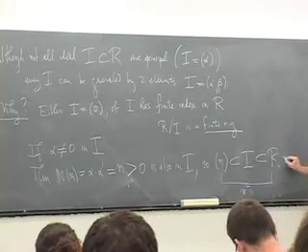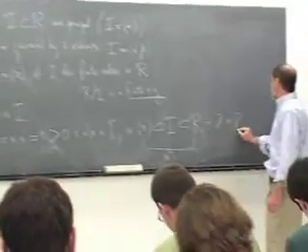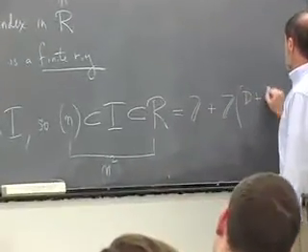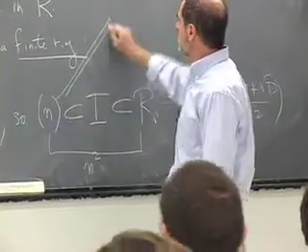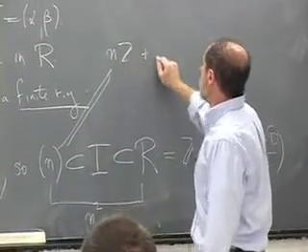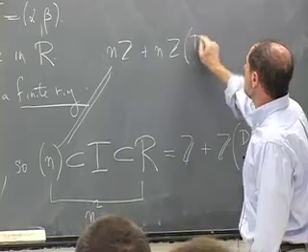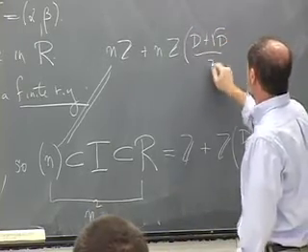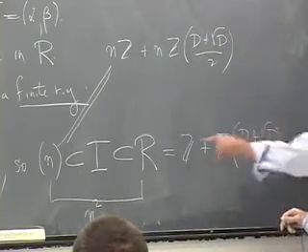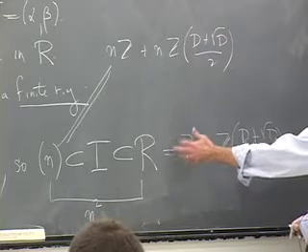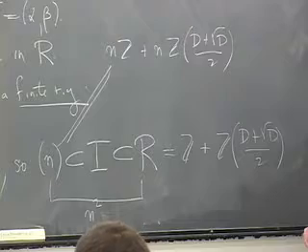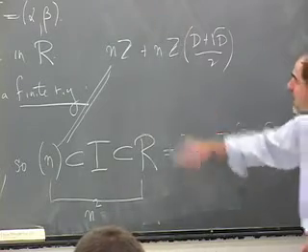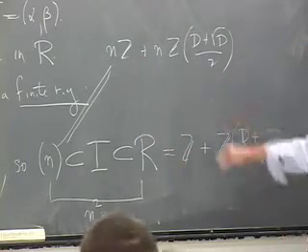And this index is finite and is equal to n squared. Because if R is Z plus Z times (d plus root d) over 2, then the multiples of n is just nZ plus n times Z times (d plus root d) over 2. The different cosets are given by the different residues of A and B mod n, and there are n squared possibilities: n possibilities for A mod n and n possibilities for B mod n.